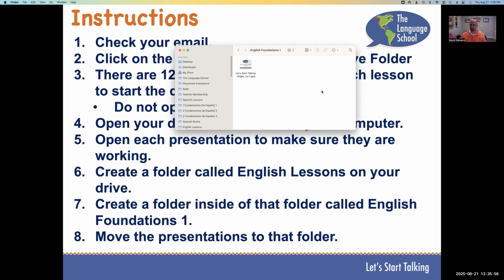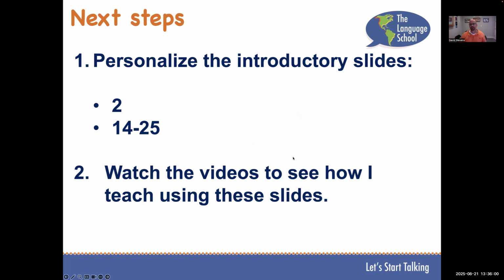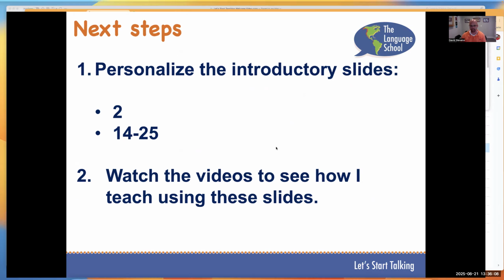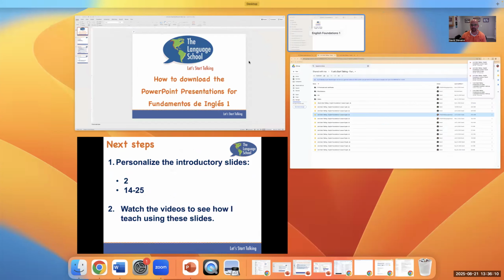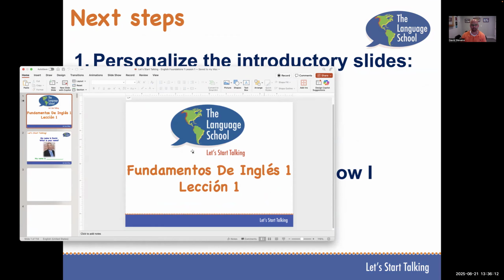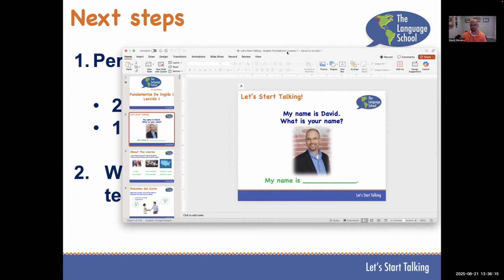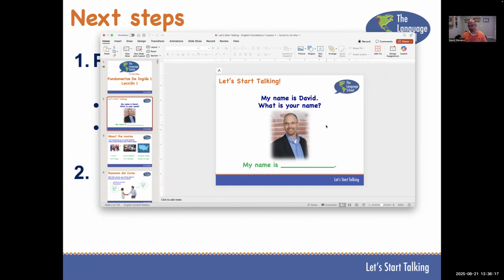We just do that with all of the other lessons in this level. All right. The only thing that you want to do after that is to personalize the introductory slides from the very first lesson. This is about the only preparation work that you will need to do. You can see on slide 2, I've got a slide introducing myself.